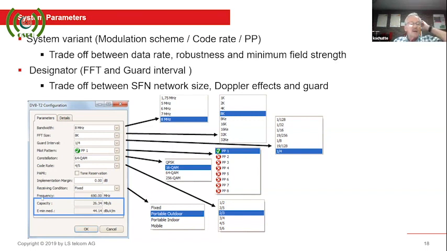And then receive conditions, fixed. There again, you can select that. And eventually this combination will then give you a capacity of the transport stream, and it will also give you the E-min, or the minimum usable field strength for a certain percentage of locations.